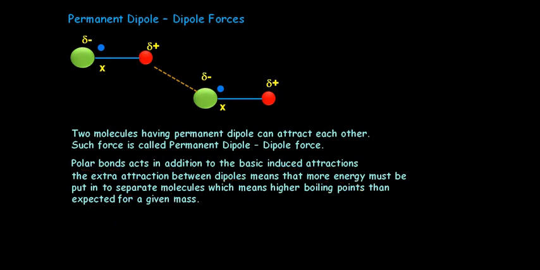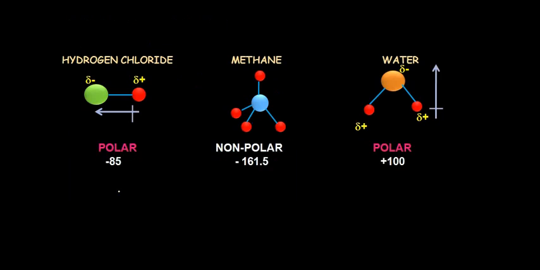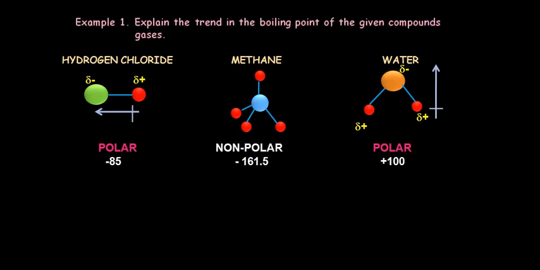Now let's learn that with the help of an example. Suppose we have a hydrogen chloride, methane and water molecule with us. Now let's understand the difference in their boiling points, which is minus 85 degrees Celsius for hydrogen chloride, that is the HCl molecule, minus 161.5 degrees for a non-polar methane molecule, and plus 100 degrees for the water molecule.